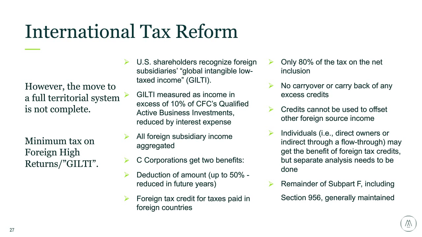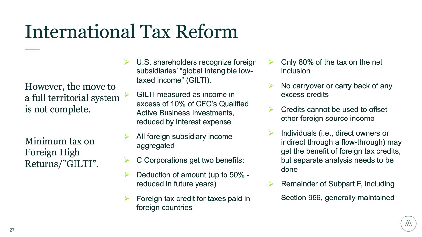The other part, too, is even if these earnings are subject to a high effective tax rate, that just offsets the U.S. tax on those earnings. It doesn't provide any additional benefit to the U.S. company because those taxes or those excess credits that exceed the tax on that inclusion can't be used either on a carry forward or carry back basis, or they can't be used to offset any other foreign source income of the entity.